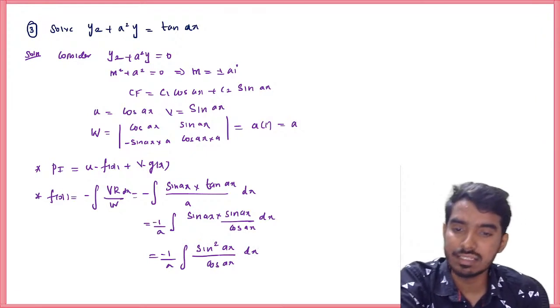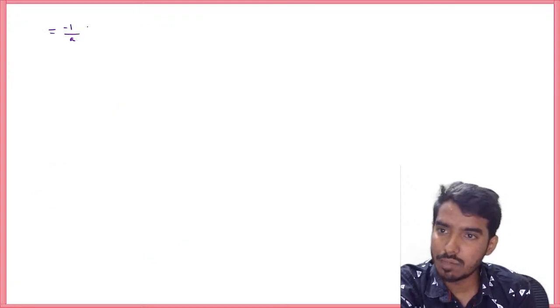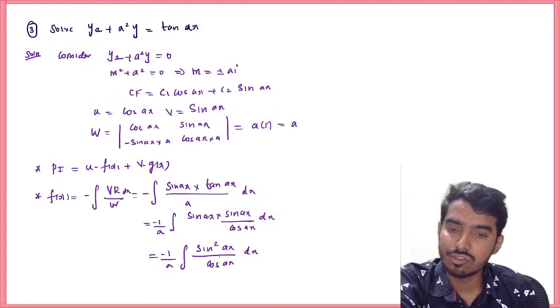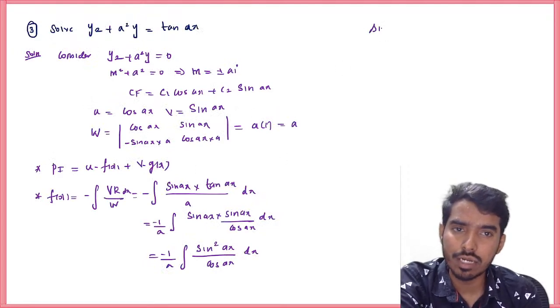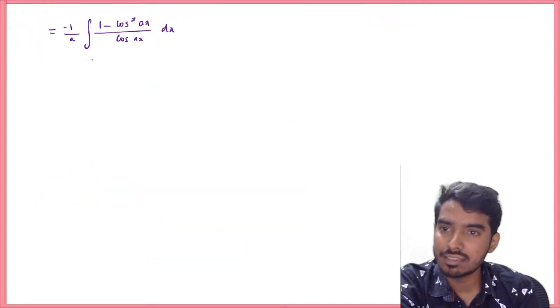So how to integrate this? We know sin square ax plus cos square ax is 1. So I'm going to write this as minus 1 by a integration of 1 minus cos square ax by cos ax dx, right? Therefore, I can write sin square ax as 1 minus cos square ax, right?